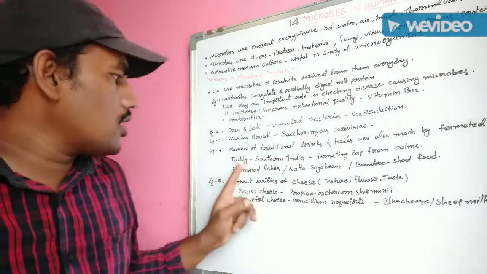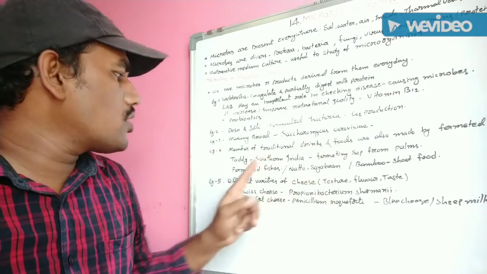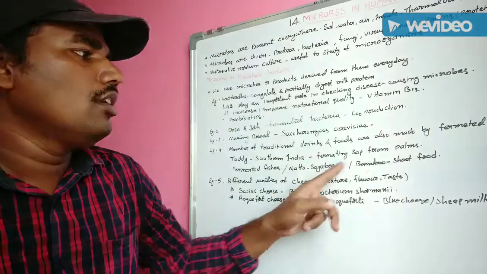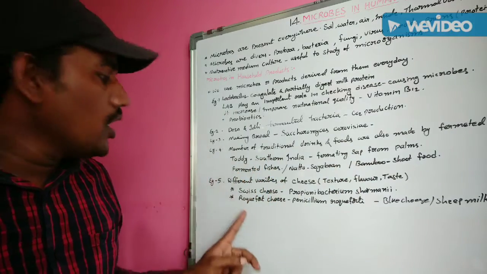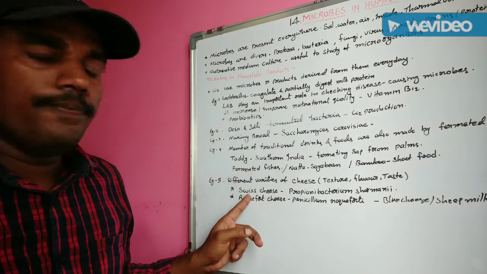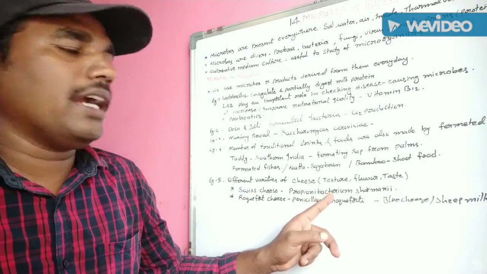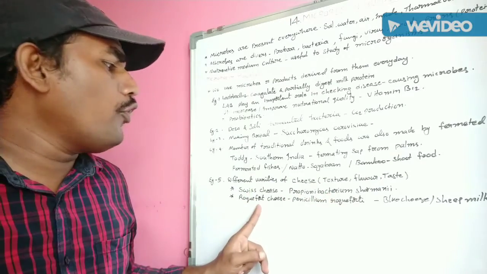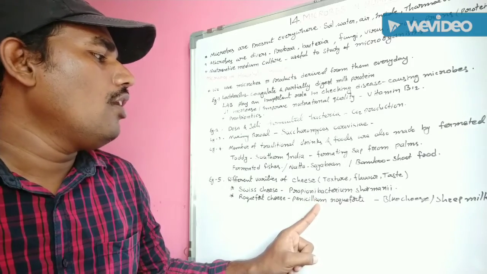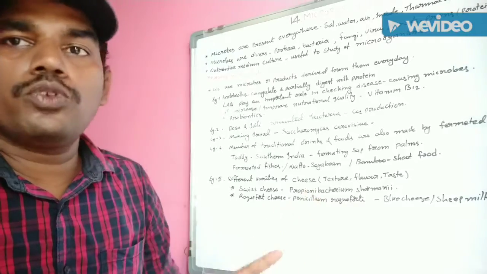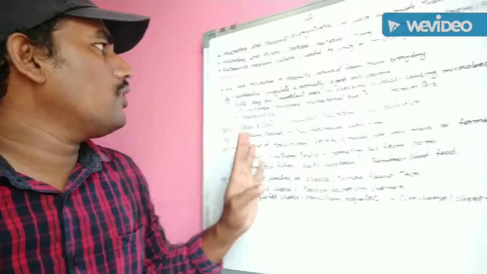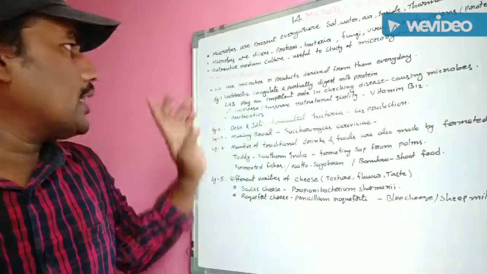Some traditional drinks like toddy, and traditional foods like fermented fishes, natto, which is prepared from soybean, and bamboo shoot food. And different varieties of cheeses like Swiss cheese, mainly prepared by the activity of Propionibacterium shermanii, and Roquefort cheese, mainly prepared by the fermentation activity of the fungus Penicillium roqueforti. These are the different types of household products made by the activity of microbes.